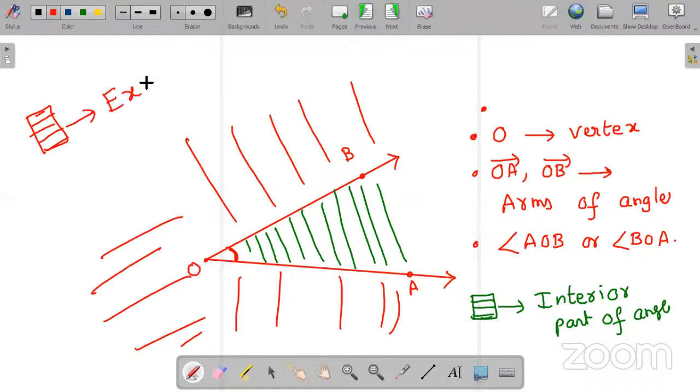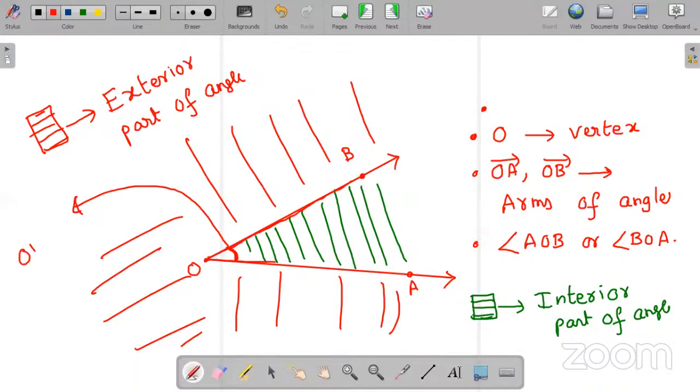Exterior means outside, don't get confused. This part is called on the angle.